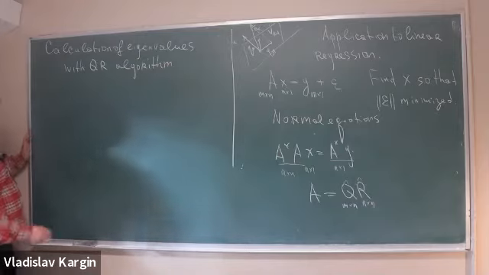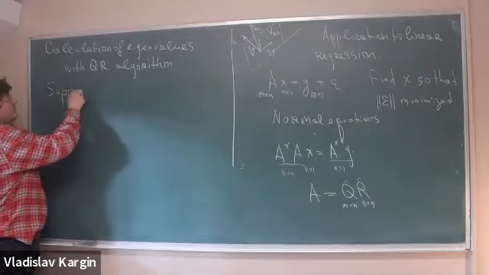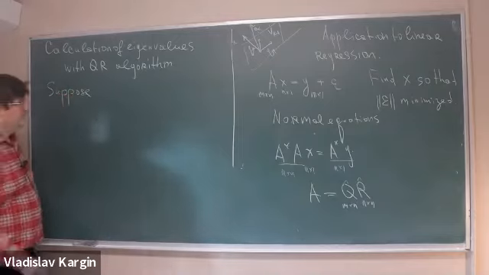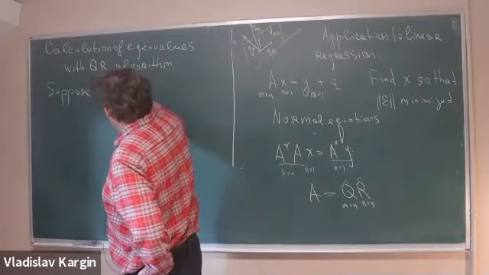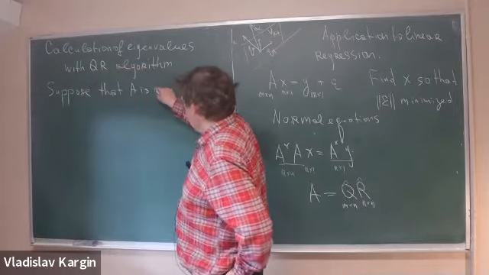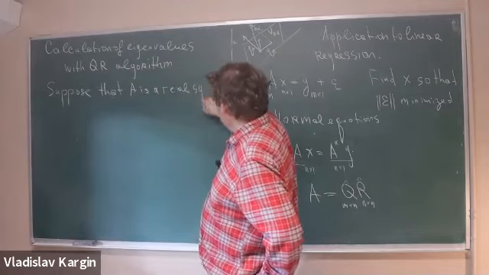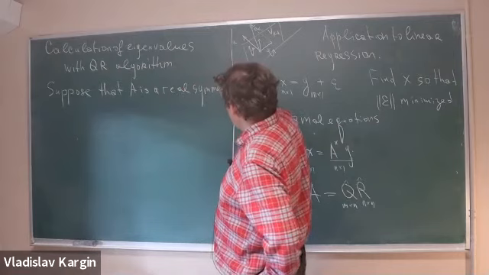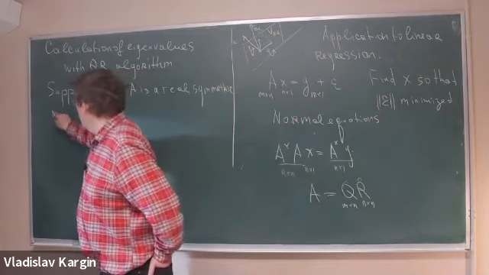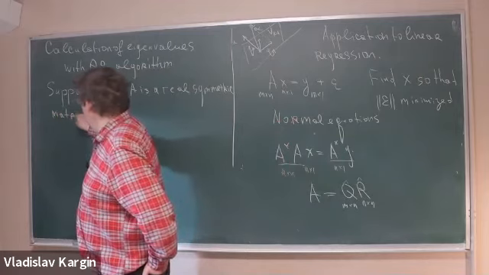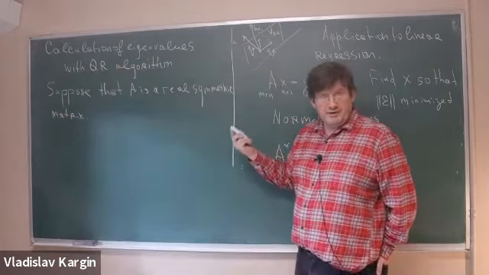So suppose that A is a real symmetric matrix. In particular, since it's symmetric, it's a square matrix.